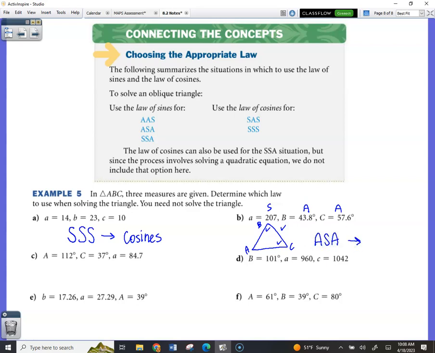That's majority A's, so that's law of sines. C, if I repeat, they give me angle A, angle C, and side A. That is an angle, angle, side, majority A's, so that's law of sines.